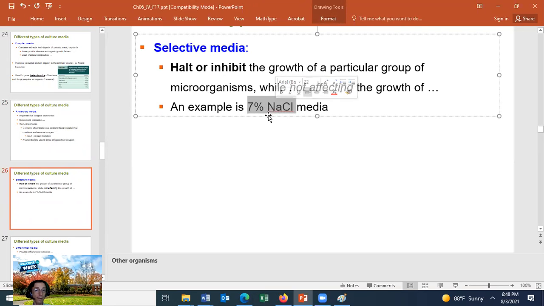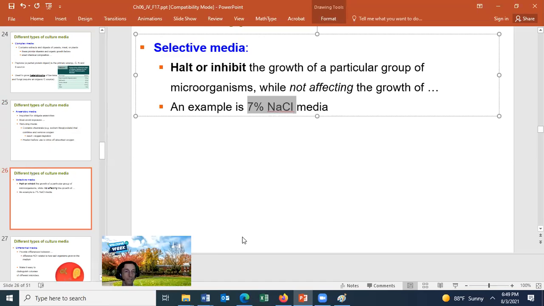If the organism can grow in 7% sodium chloride, it will be selected for. If the organism cannot grow in 7% sodium chloride, that organism will be selected against. Like E. coli cannot grow on 7% sodium chloride, and Staphylococcus aureus can. Any questions about any of that? All right, so that's the selective media.